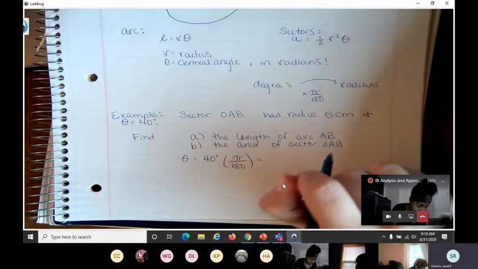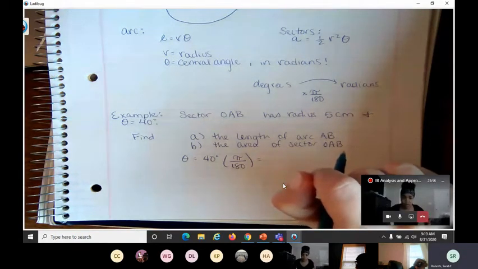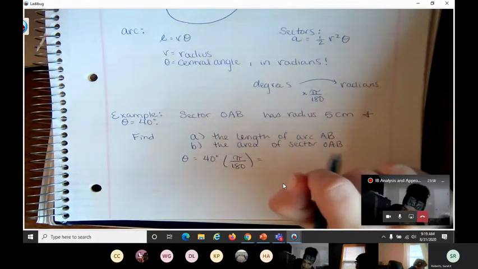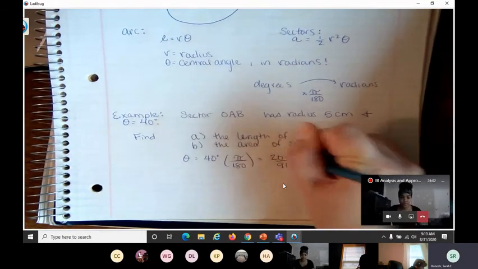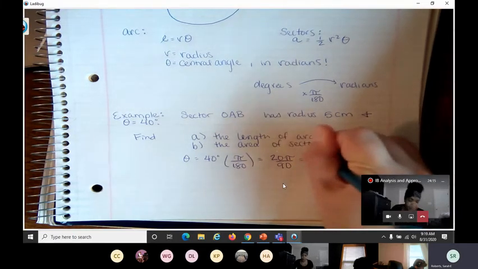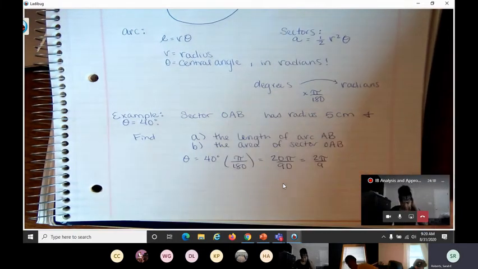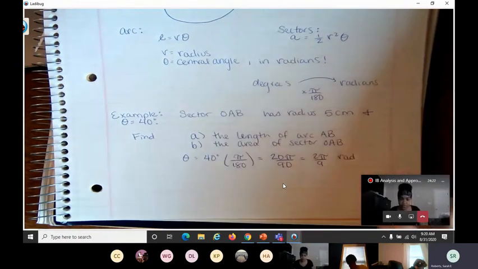So what's half of 40 and half of 180? 20 and 90. So we can have 20 pi over 90. Do you see how to simplify it even further than that? There's a factor that can come out: 2 pi over 9. Very good. We took out a factor of 10 from both the top and bottom. So we have 2 pi over 9 radians as our central angle.